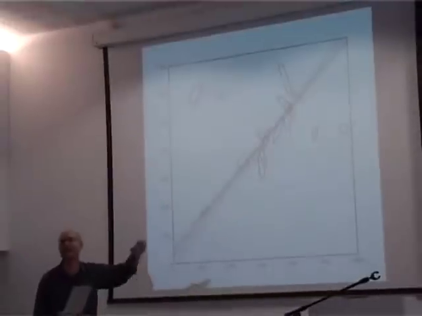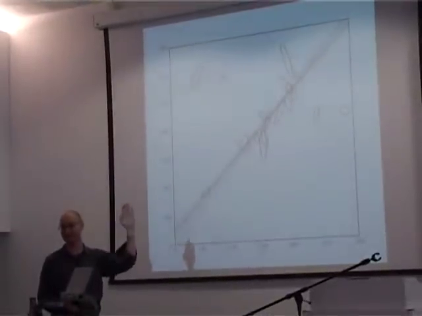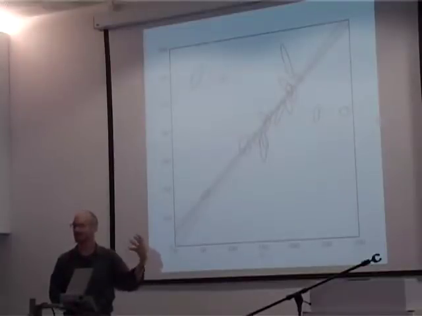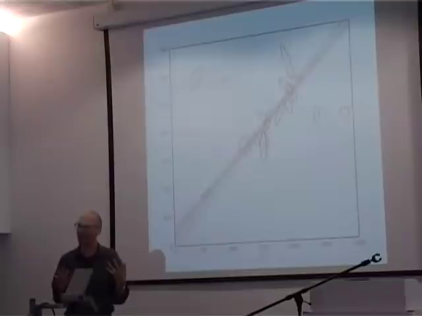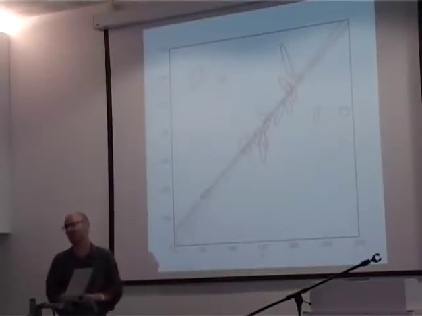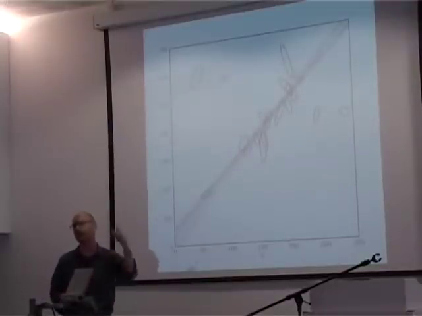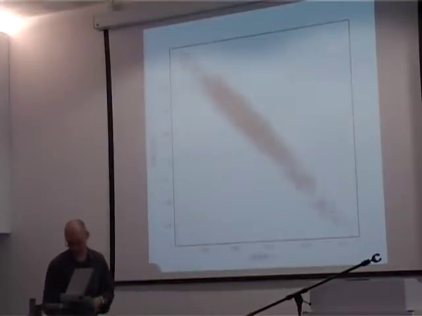We fit for the angle of the line and its position in 2D rather than slope and intercept, because this problem has now become isotropic. There's no reason to treat the y differently from the x, and the slope treats the y differently from the x. So we made our priors flat in the angle and in the 2D offset of the line, though I present the results as m and b.